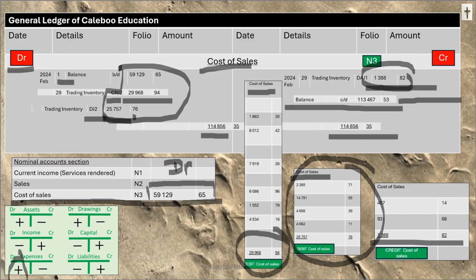And on the first day of March, on the opposite side to carry down, we needed the balance brought down. And that's how to balance the cost of sales account, which is an N account, a nominal account, when there are entries on both sides. In this case, there were entries on the debit side and the credit side.